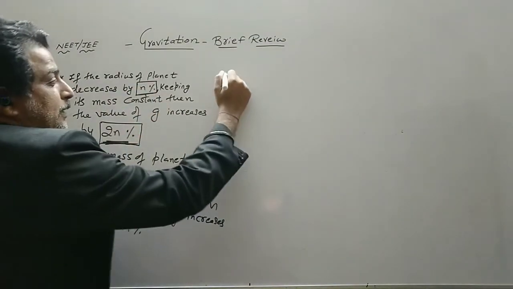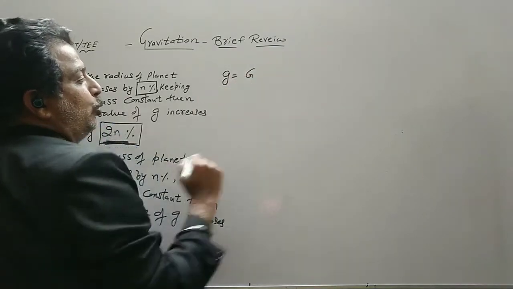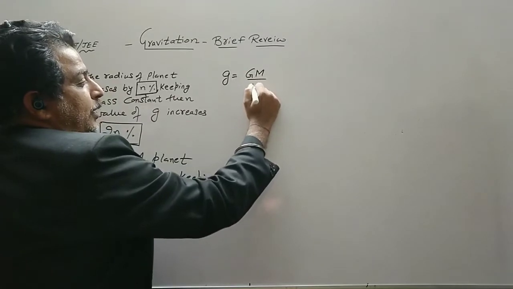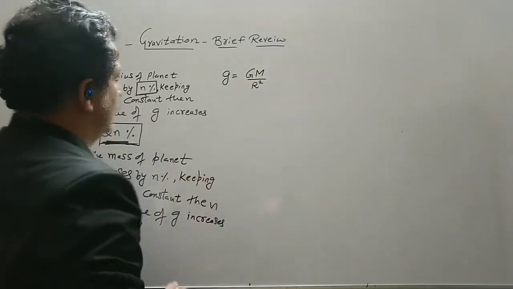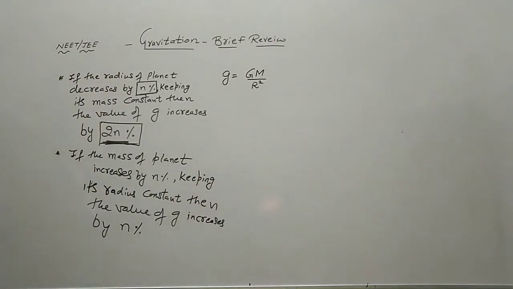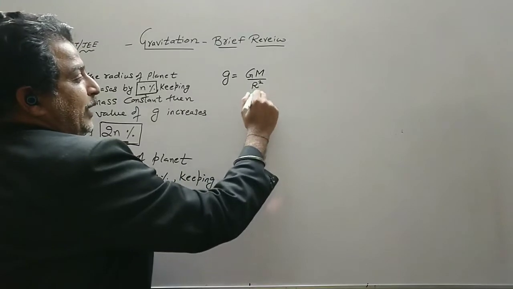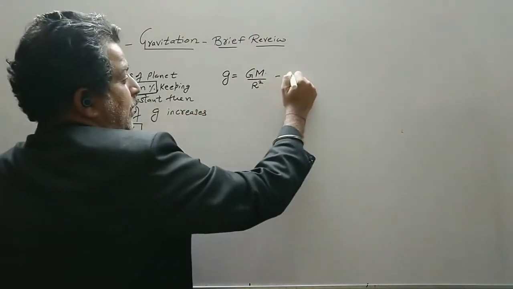We can prove this. For any planet, g will be equal to G, mass of the planet, upon the radius of the planet square. Now we have to find out the change, so we differentiate this equation with respect to r, because the mass is assumed to be constant.